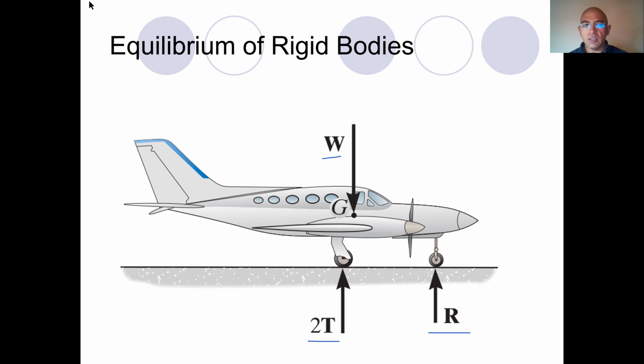And we don't have any other external forces or moments, or in other words, external loads in general. So this is our free body diagram, and this basically helps us in understanding the problem, and it helps us in choosing the methodology that we are going to use for solving the problem.